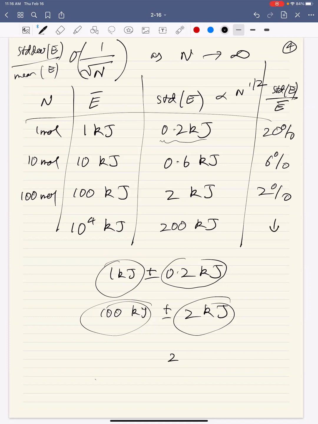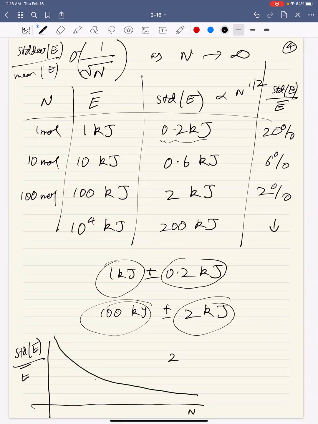So the key point here is if I plot the standard deviation of energy by mean of energy, it behaves as 1 over square root of n. It becomes less and less important. And this is of fundamental importance, right? Because what happens to 1 over square root of n as n tends to infinity?